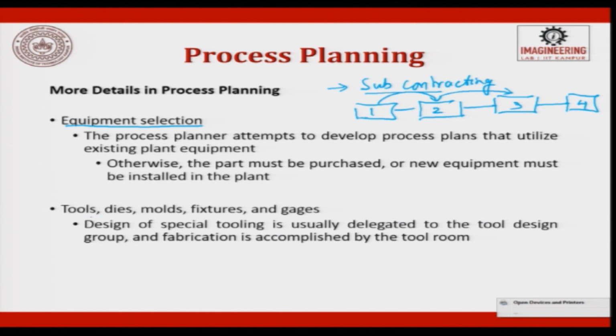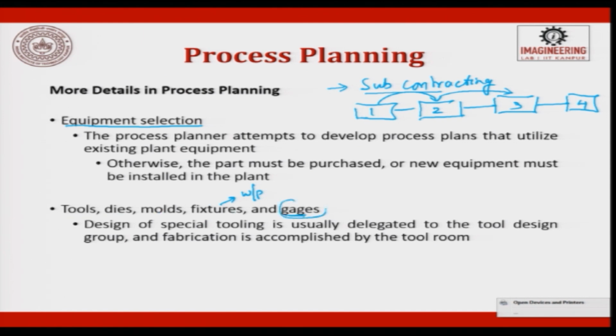Now tools, dies, molds, fixtures are to hold the workpiece. If it is prismatic you use the 3-2-1 principle, we will see that later. If it is a cylindrical job you do not have to use it. So, it is a challenge. Fixturing is also very important. So, you will try to choose the tools, dies, molds, fixtures and the gauges.